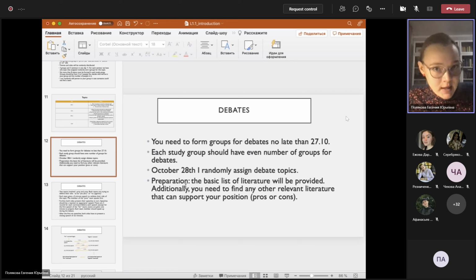You can again form the group with people from other groups, but I try to stick to the seminar time of the majority of the group. For instance, if your group has 3 people, 2 from group 1 and 1 from group 3, because of our time schedule I try to distribute the topic and the date according to the majority of the people in the group.